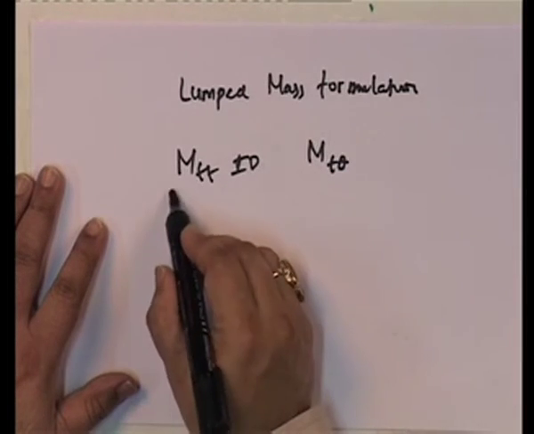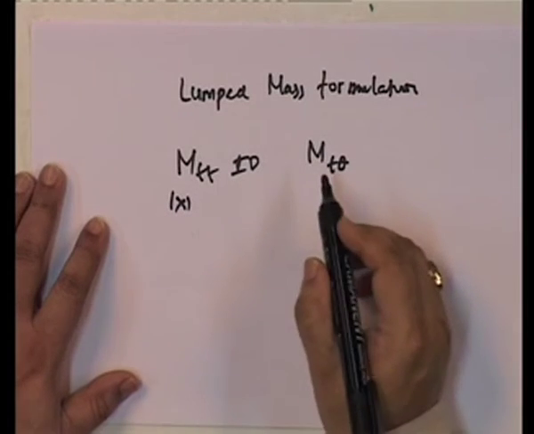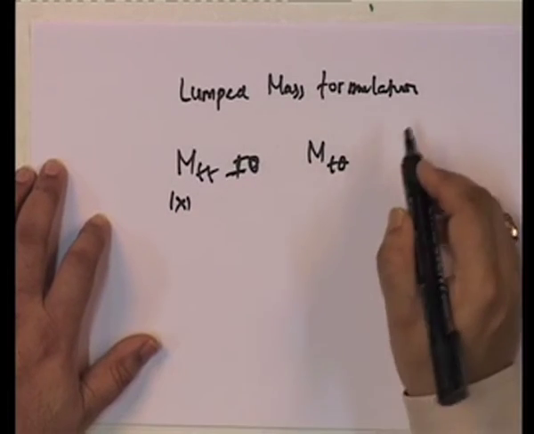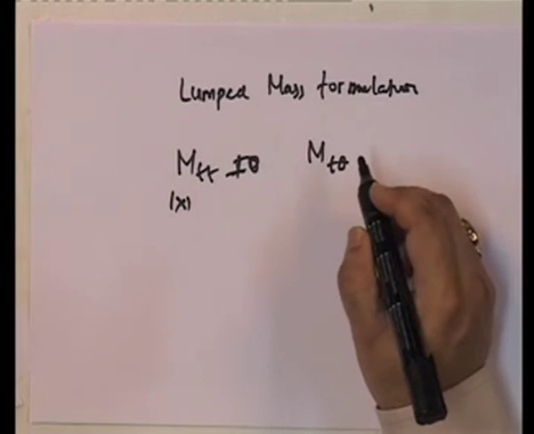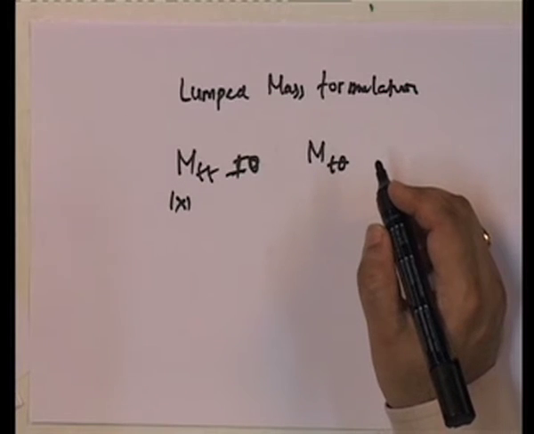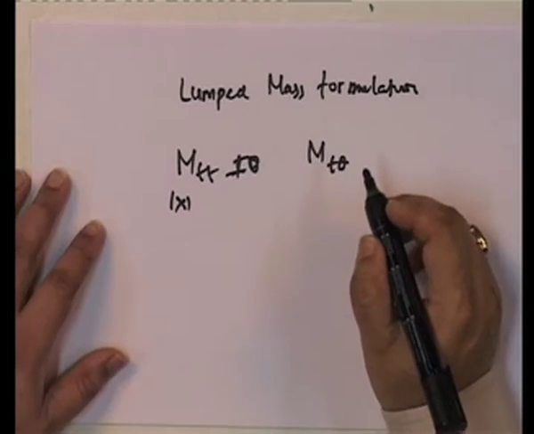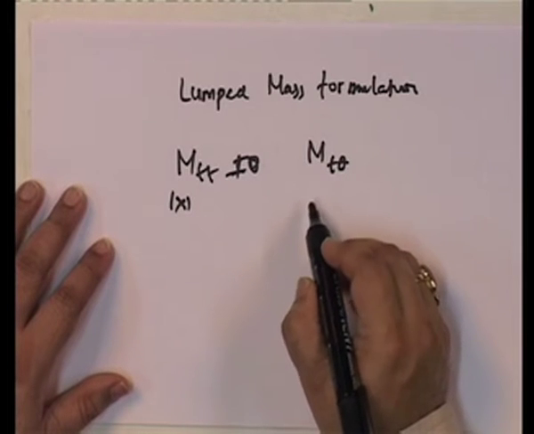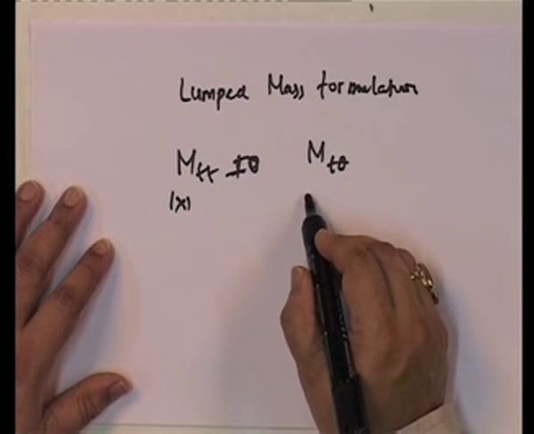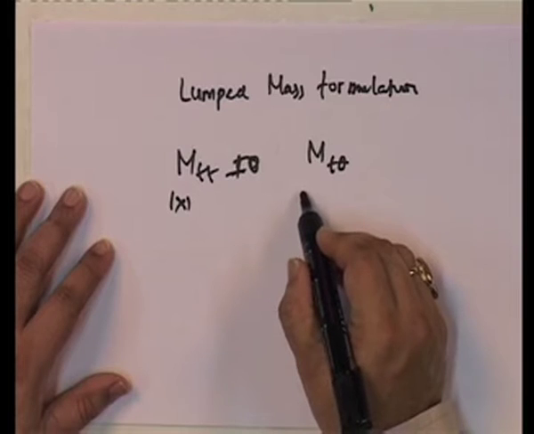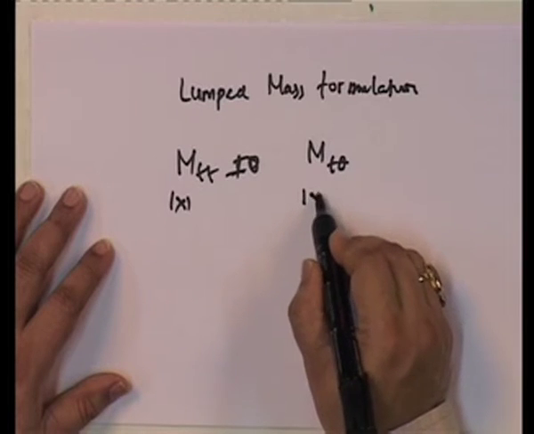See, this is a 1 by 1, and it is non-zero. We know, in this particular case, it is 4 m bar L. Now, m t theta, what is the size of m t theta? It is a 1 by 2.